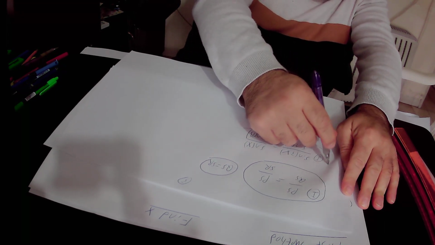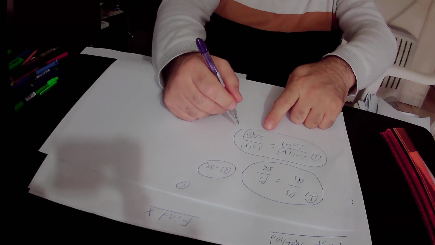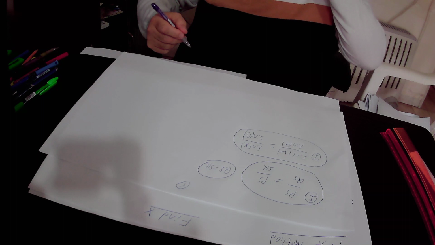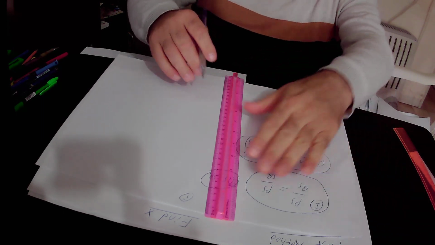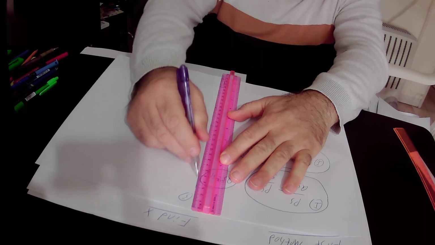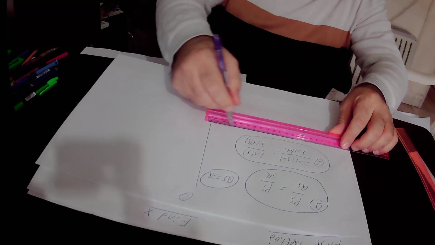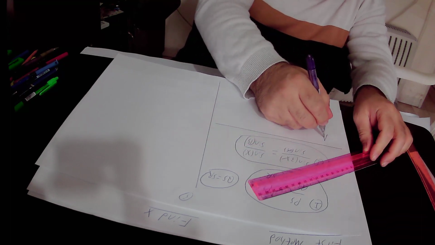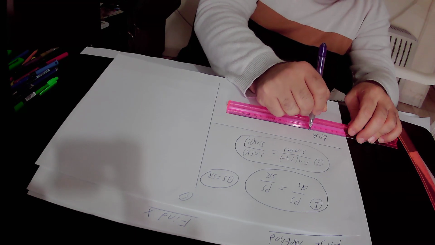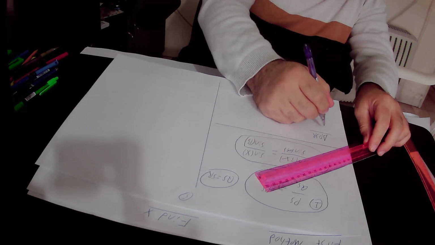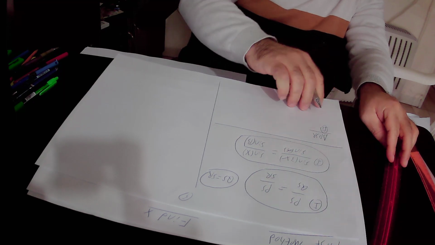Okay, PS over SR, if we focus on triangle PSR, will be equal to sine x over sine beta. And we also know that the sum of the angles in any triangle is equal to 180 degrees. So if we focus on triangle PSR, the sum of the angles must be equal to 180 degrees.